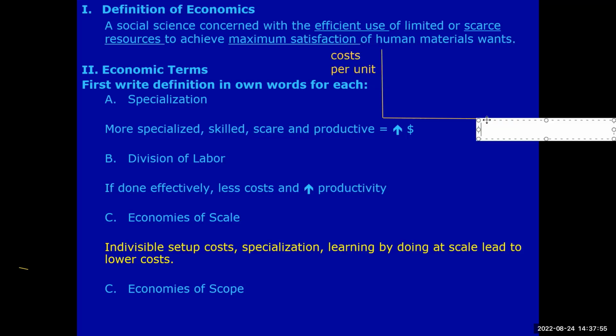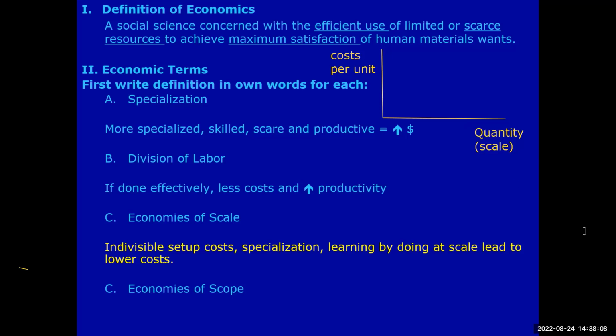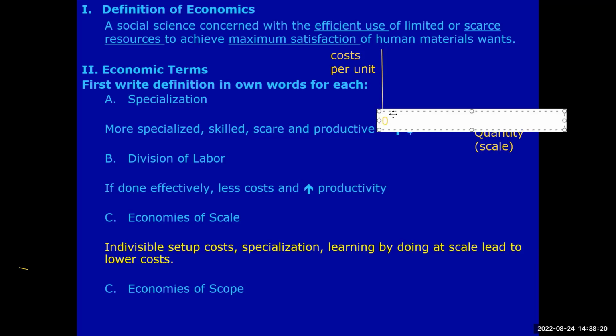Along the horizontal axis, we're going to put quantity. The quantity is really a synonym for that word scale. Put a 0 down here at the beginning of both axes.